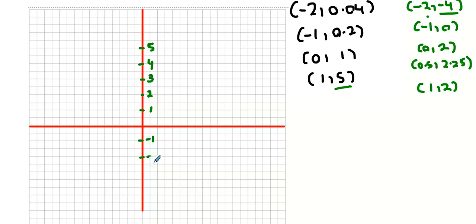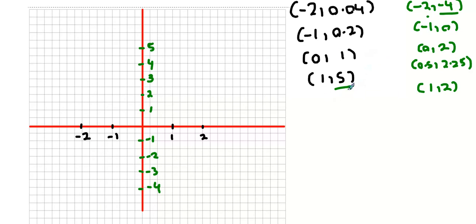Minus 1, minus 2, minus 3, minus 4. Right, there's that part done. Going to stretch the x-axis a bit. 4 blocks to go, so that'll be 1, and that'll be 2, and then that would be minus 1, and this one will be minus 2. Okay, should be able to do these points quite easily.